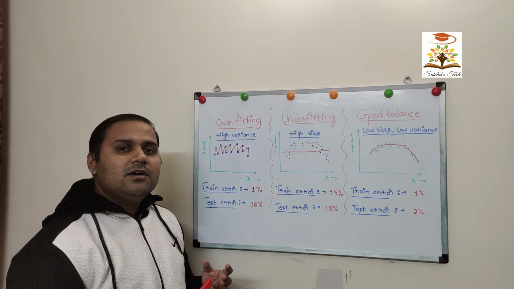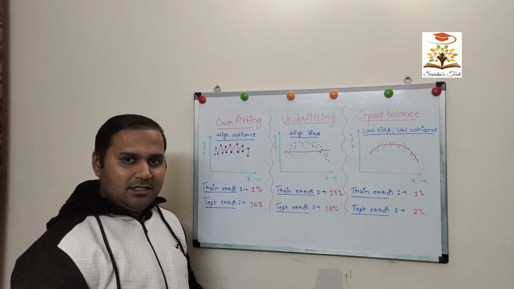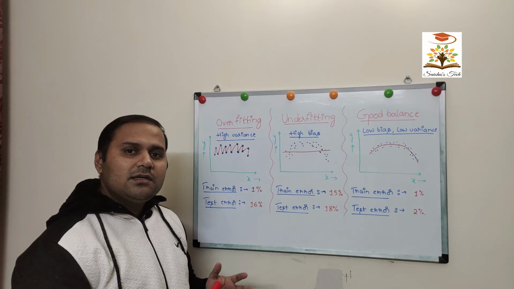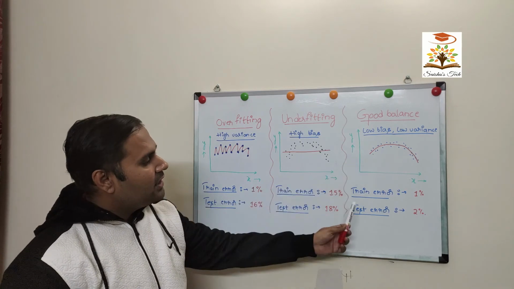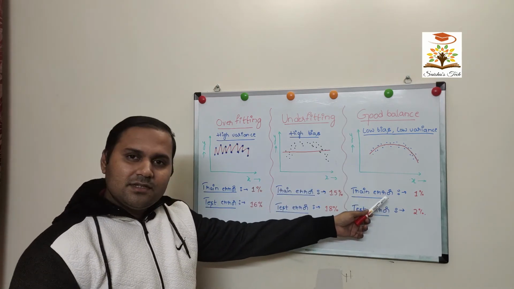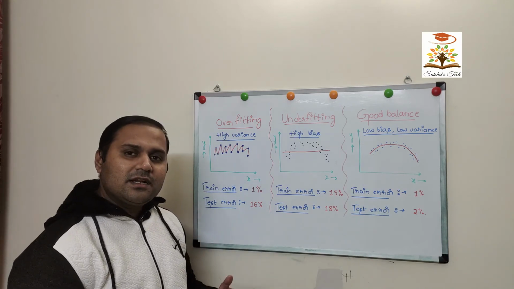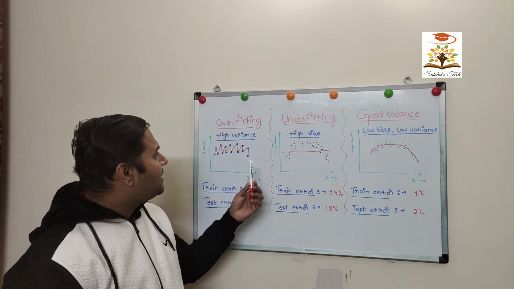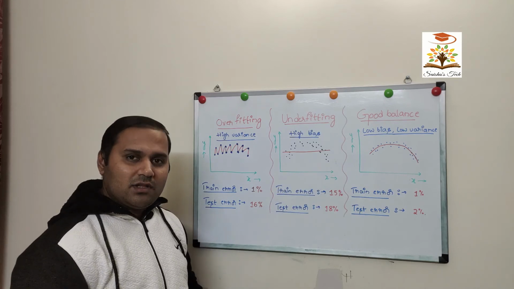Now, the good balance of both low variance and low bias condition is where the model is able to capture all the patterns from the data. In this case, you have a train error of 1%, similarly a test error of 2%, which is the required criteria. These were some of the overfitting, underfitting and good balance of the models.